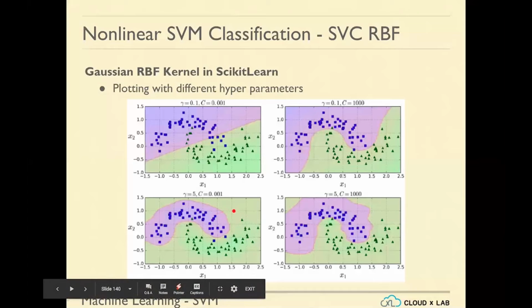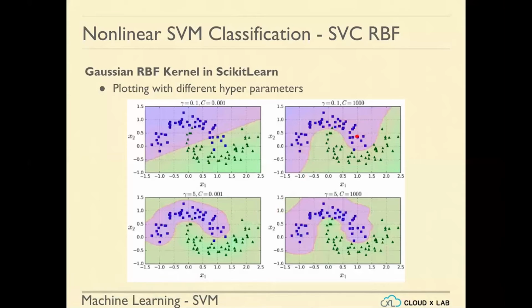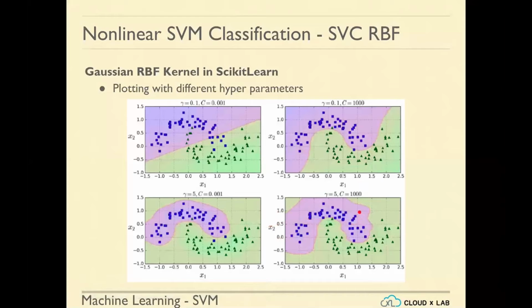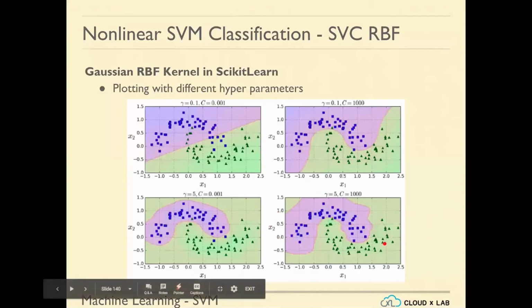So out of these, in my opinion, this model or this model seems to be good, because if there's a data point just here, it will be classified as this, while in this case, if the data point is just here, it would not be classified as this.